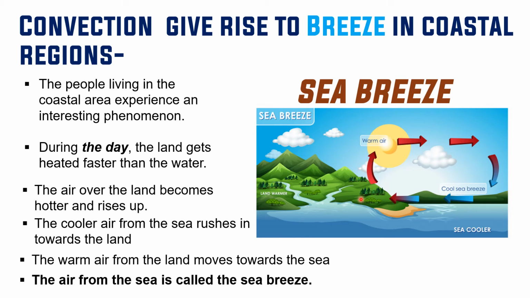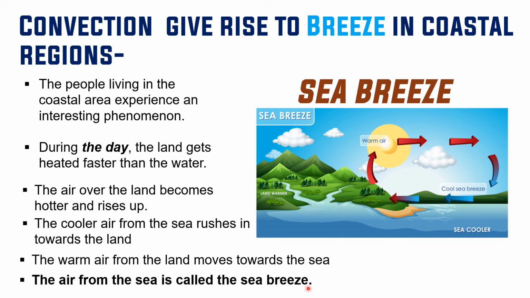When they pass here, they get cooler and come here, so they become heavier, and this process continues. The warm air from the land moves towards the sea. The air from the sea is called the sea breeze. So what is sea breeze? The air from the sea is called the sea breeze.